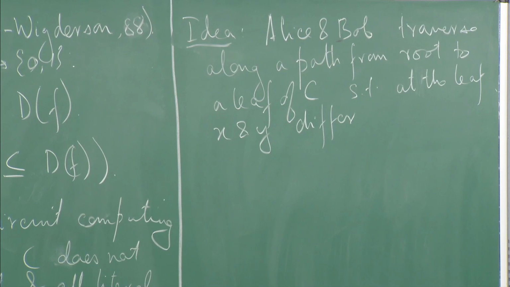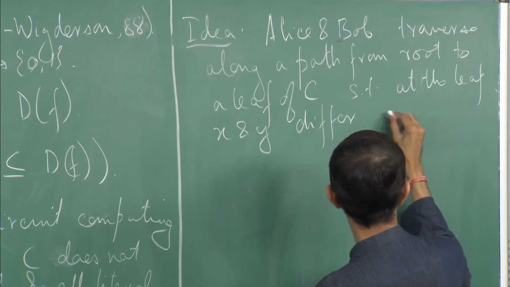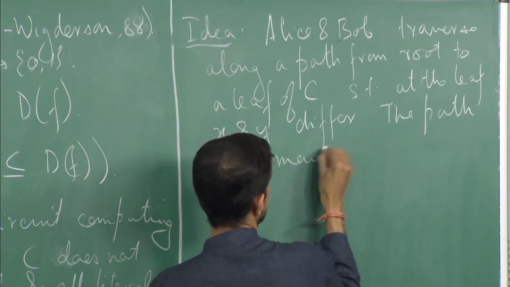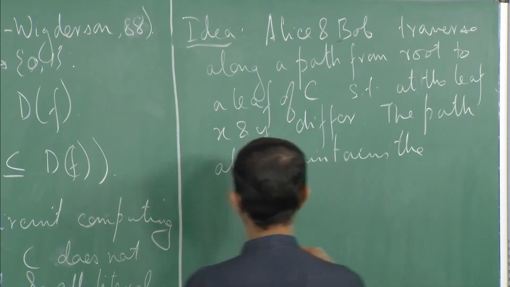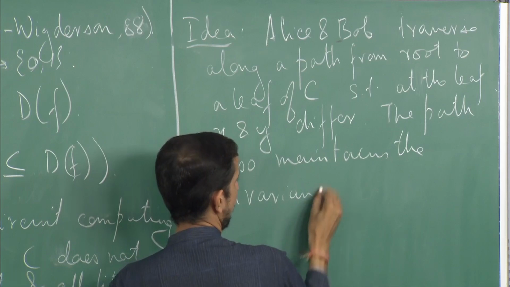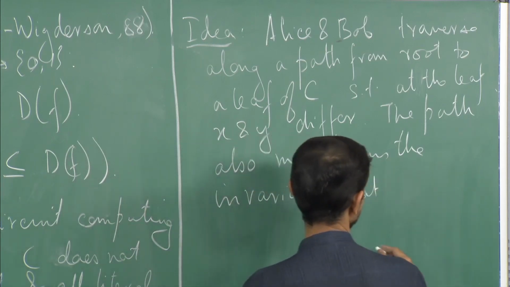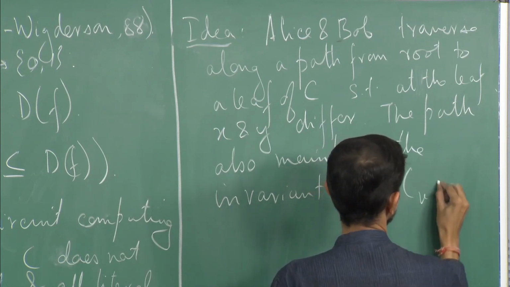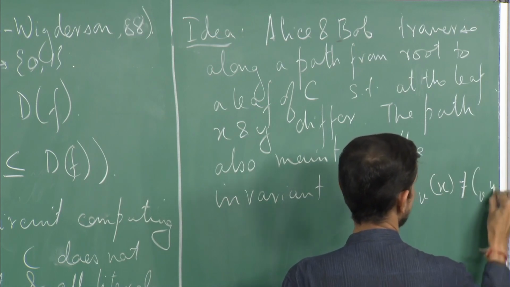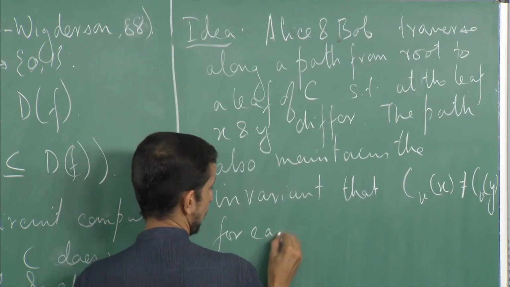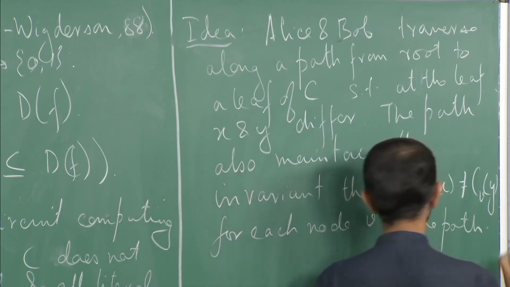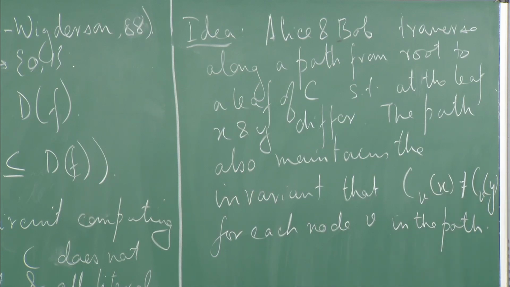Moreover, it is not just any path, but a path which maintains this invariant: the path also maintains the invariant that C_v of x should not be equal to C_v of y for each node v in the path. Okay.